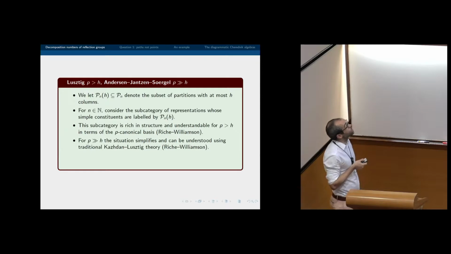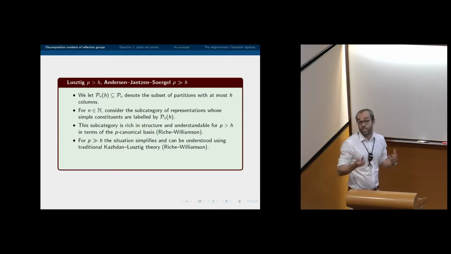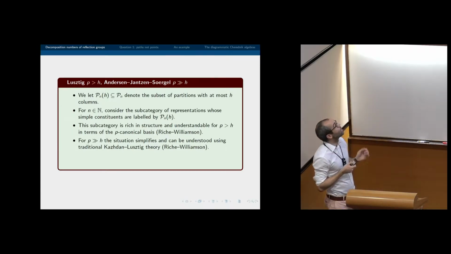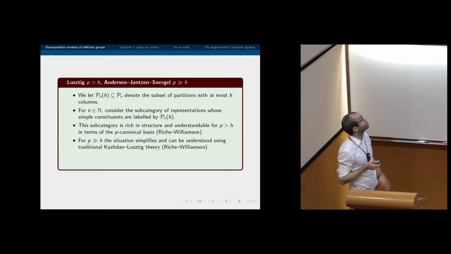And I should remark here that even though Andersen, Jantzen, and Soergel talked about p much bigger than h, the decomposition numbers for symmetric groups weren't actually covered in their result. You have to look at Riche-Williamson for that, because it's about tilting characters for quantum groups, in order to understand decomposition numbers for symmetric groups.